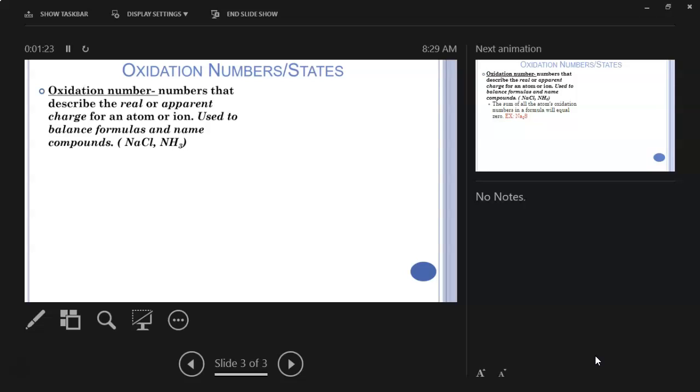So all of the elements in group 1 form a +1 ion. This is sodium's oxidation number. All the elements in group 1 have a +1 oxidation number because they have a +1 charge. Didn't we write these above your periodic table? And elements in group 2, like barium, have a +2 oxidation number or a +2 charge.